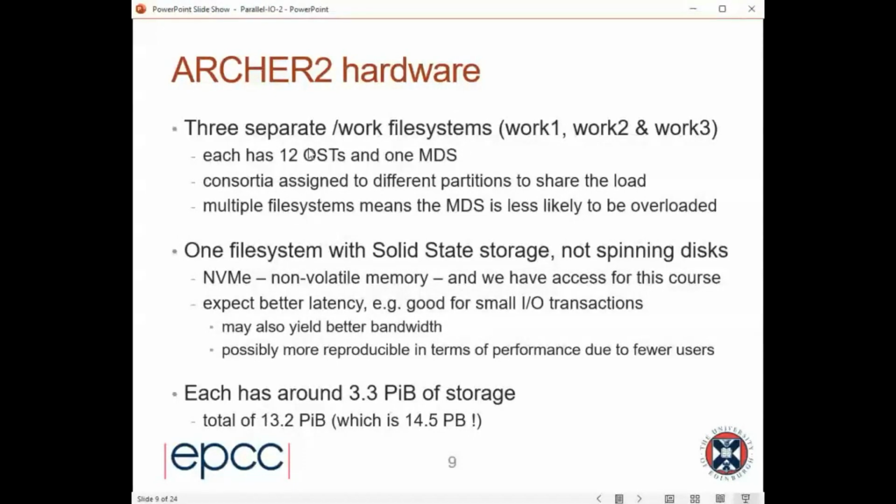And a particular project on ARCHER2, a consortium, is assigned to different partitions to share the load. So as a project, and we were a project with TA173 today for this course, we will be assigned to a particular metadata server, a particular work 1, work 2, and I don't know which one we're on.